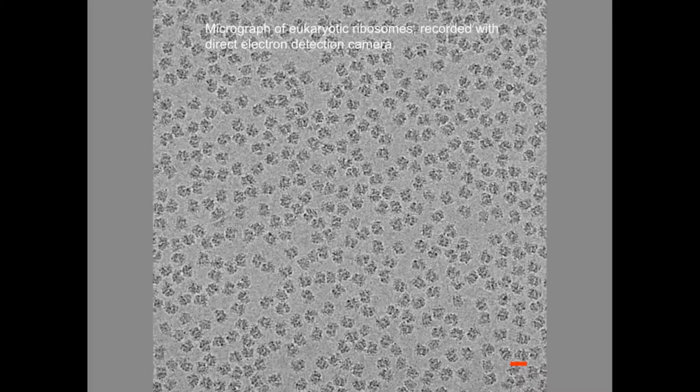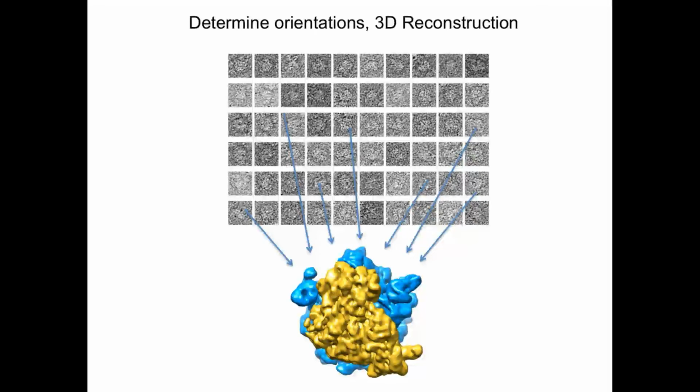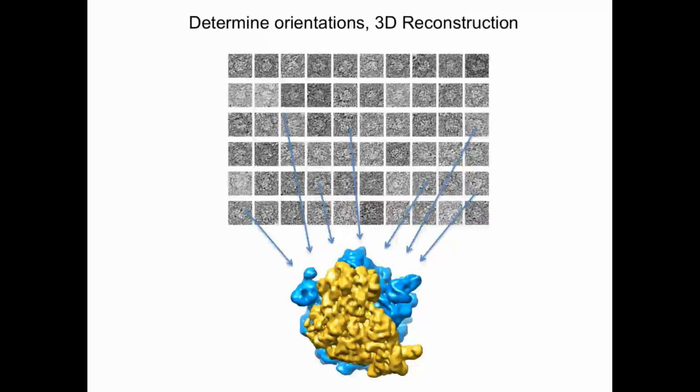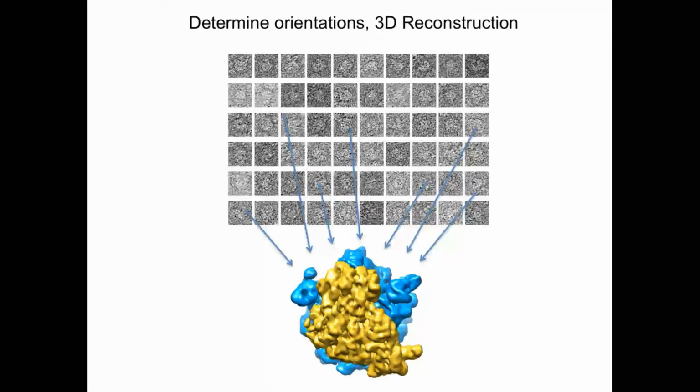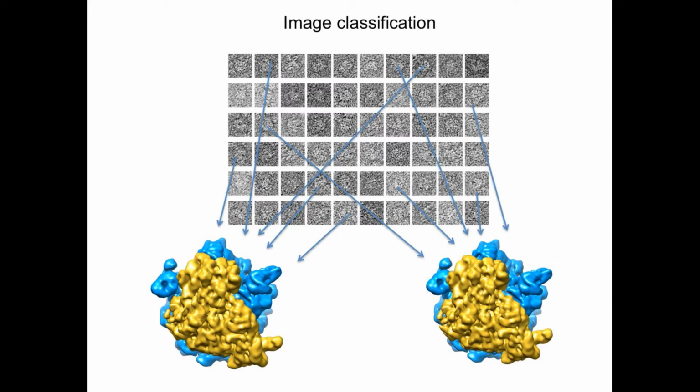on film. So then the next steps essentially are to determine the orientations of these in some magical way, and then perform a 3D reconstruction once we know these angles. And then obviously you could see the molecules were moving, they changed the structure all the time, so the straightforward reconstruction isn't going to work very well.